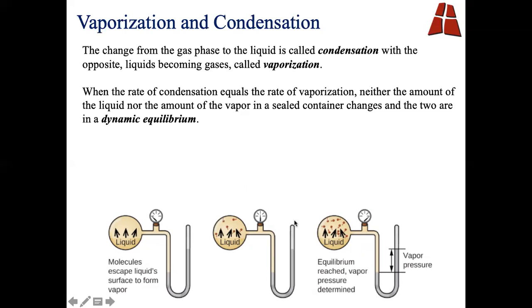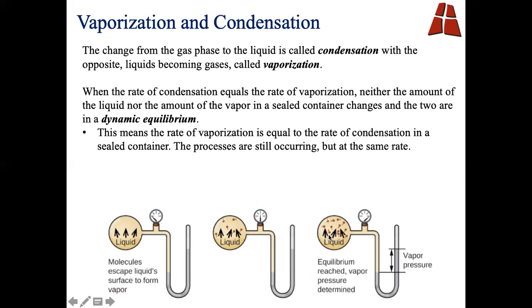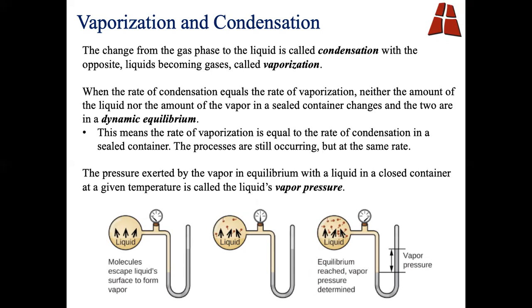You'll notice that this container in this example is sealed. Then things are said to be in a dynamic equilibrium, meaning that gas and liquid are still interchanging, but because they're doing so at the same rate, the process is still occurring, just at equal rates.